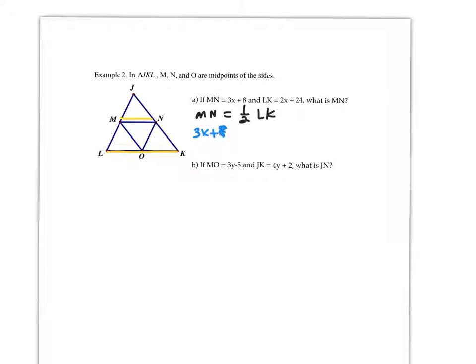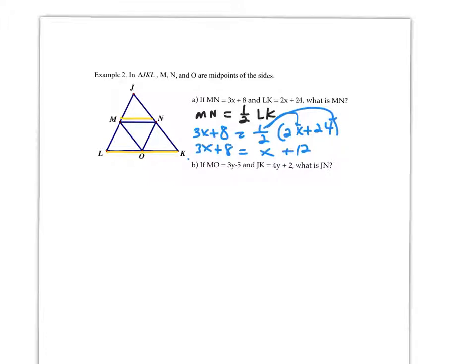And then we're going to set it equal to 1/2 of LK, which is 2x plus 24. So we have a little bit of algebra to do. So I have 3x plus 8. Now you have to distribute that 1/2. 1/2 of 2x is just x, and 1/2 of 24 is equal to 12.